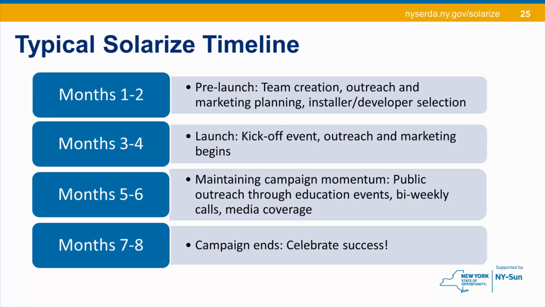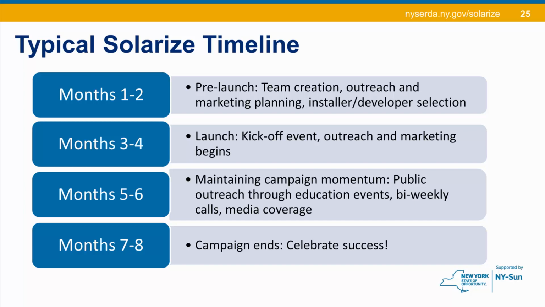The typical timeline for a Solarized campaign is about 7 to 8 months. During the first 2 months, you are usually focused on the pre-launch activities, which include team creation, outreach and marketing planning, and selecting an installer or developer. From months 3 to 4 is when the campaign launches, and you begin doing outreach. Months 5 through 6 are focused on maintaining campaign momentum through public outreach.